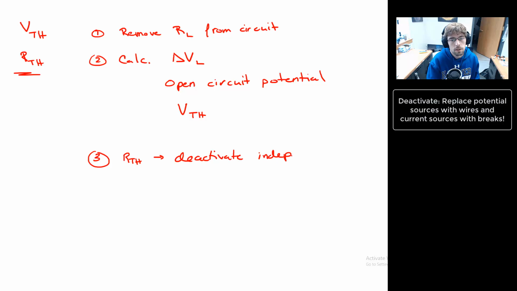So for RTH, what you need to do is deactivate independent sources, and calculate REQ. And I'll put in here all independent sources.